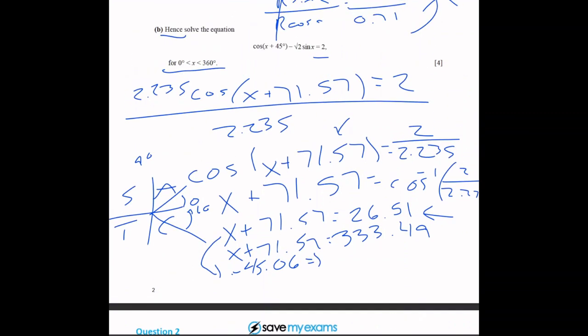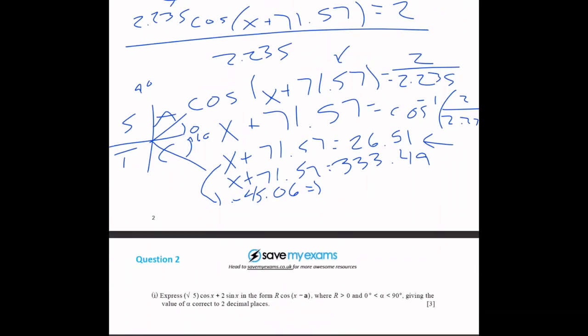In the values, they gave me 0 to 360. The way I can solve this is by adding 360 to it. As if I have my little circle, this angle right here is going to be the same angle as this angle right here if I make a full revolution. So add 360, I get 314.94. That is my first answer.